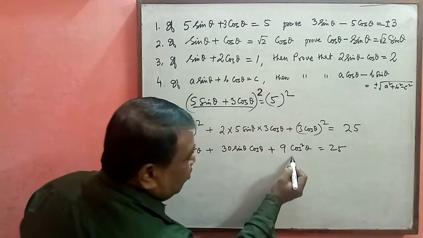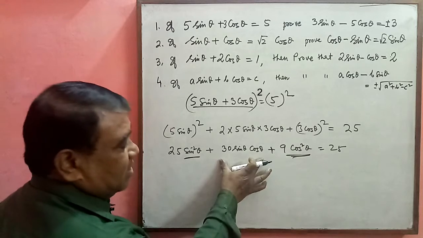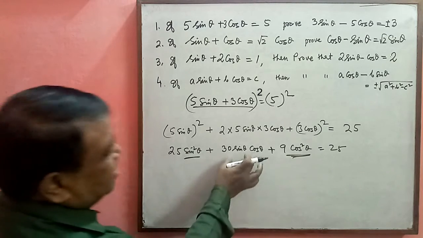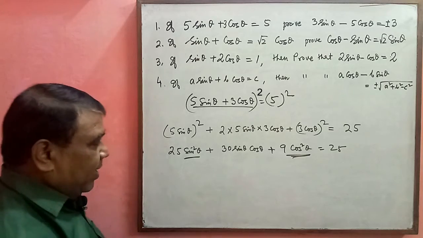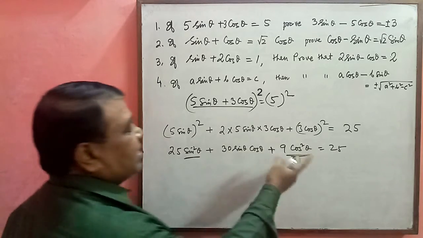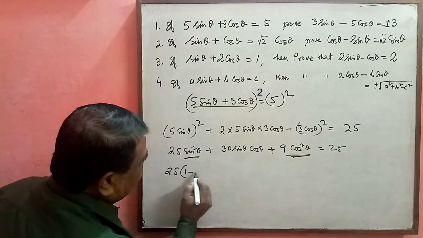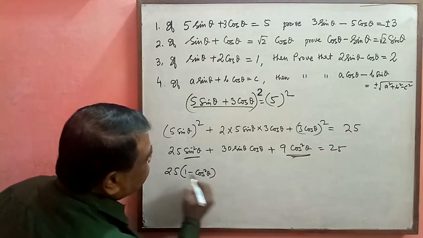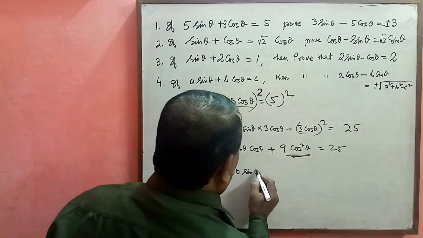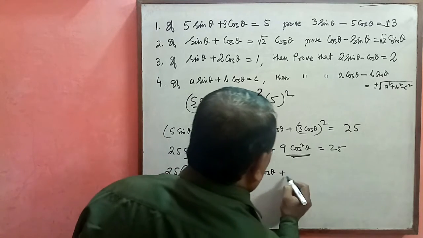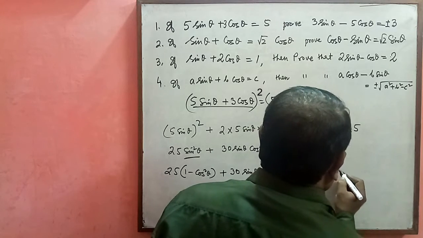What I am saying is that you have to change only the sine square and cos square terms. Don't change the middle term, because this is giving us 2ab for a plus b whole square. Only we will change a square and b square with coefficient. This is 25 into 1 minus cos square theta plus 30 sin theta cos theta plus 9 into 1 minus sine square theta is equal to 25.